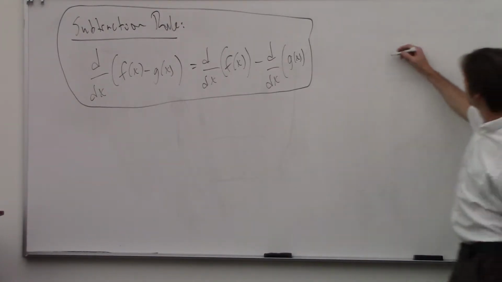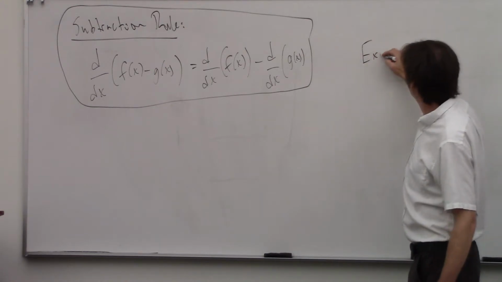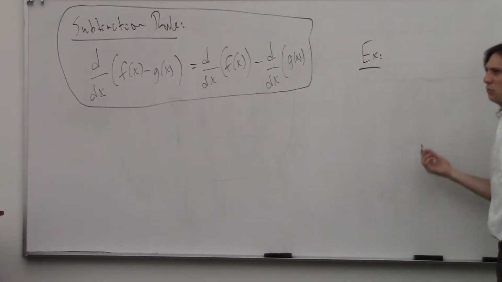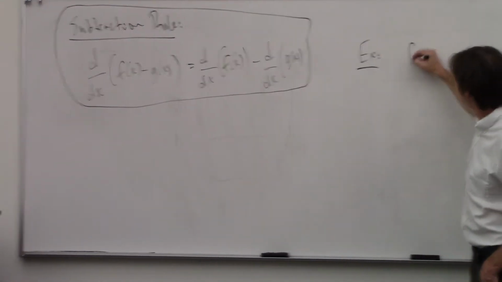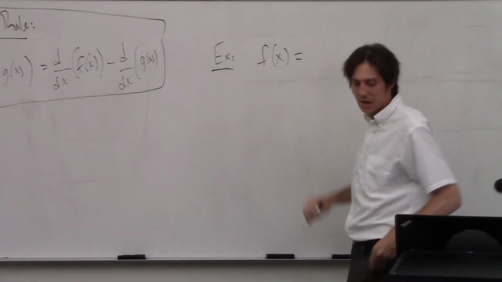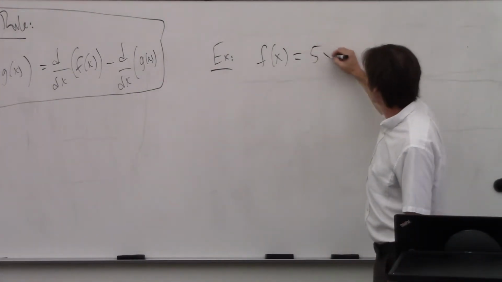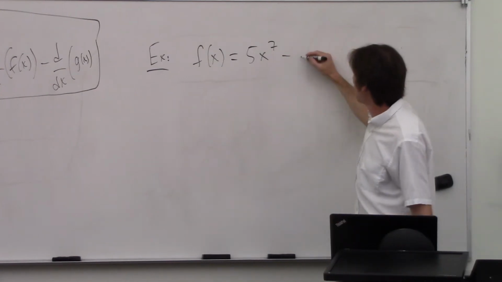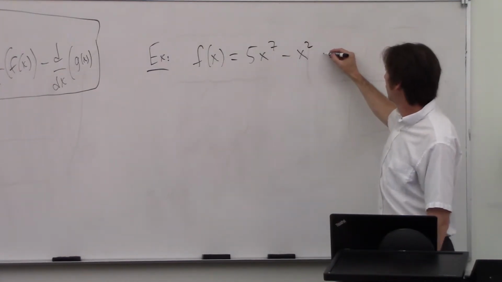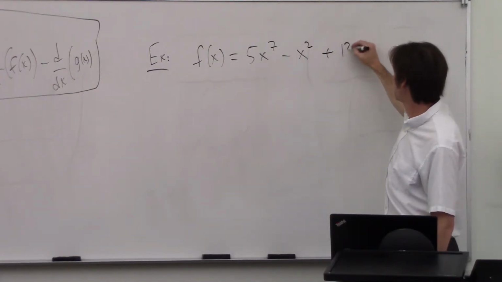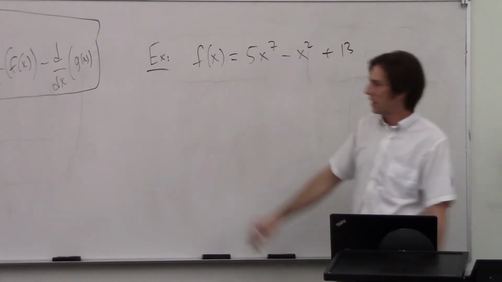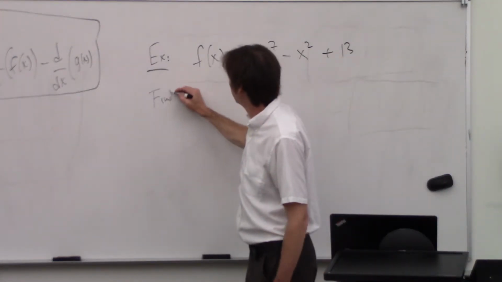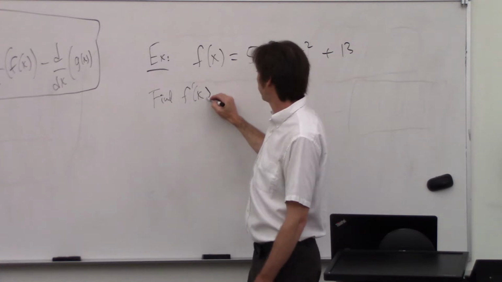All right, let me do one example here. Let's say that our function is f of x equals 5x to the 7 minus x squared plus 13. And then I want to try to find f prime of x.